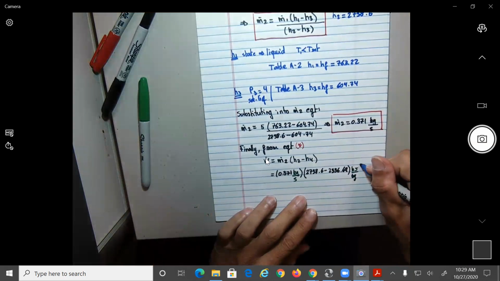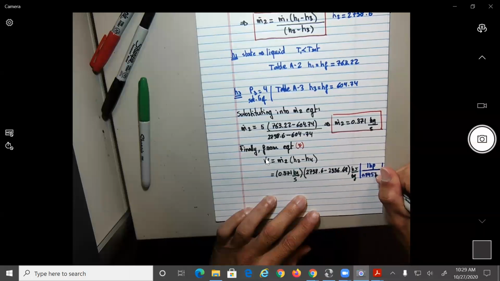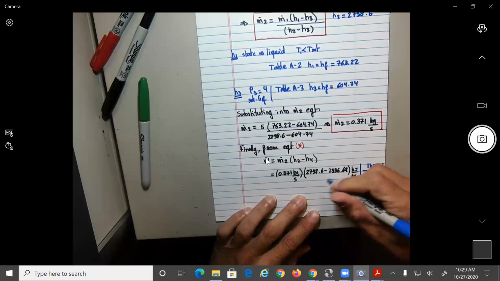It's 0.7457. So 1 horsepower is 0.7457 kilowatts, yeah, this is a kilowatt.